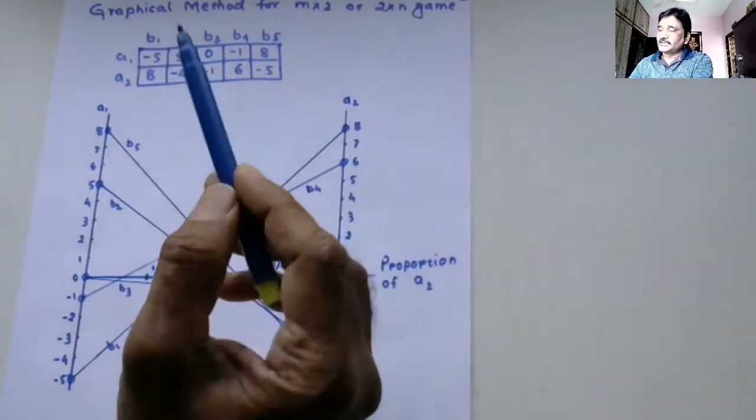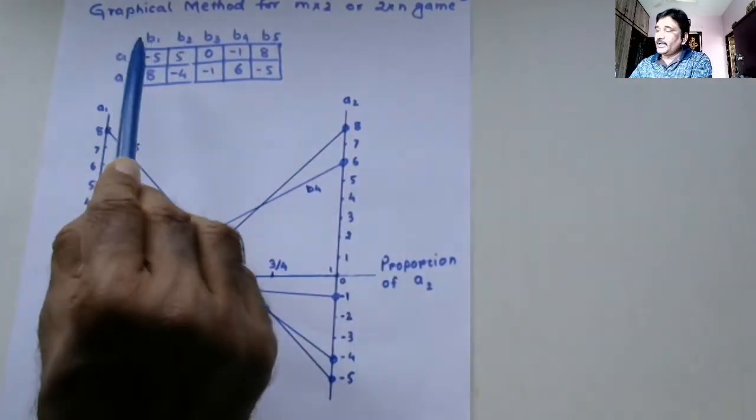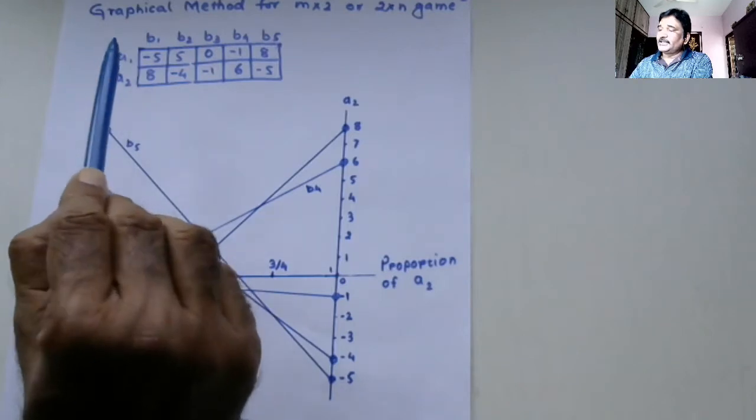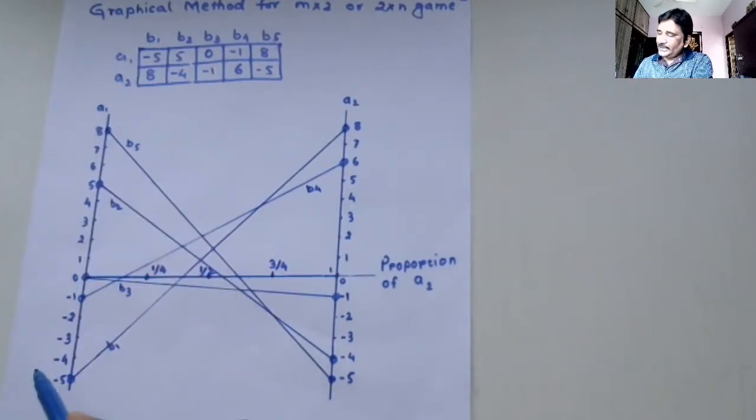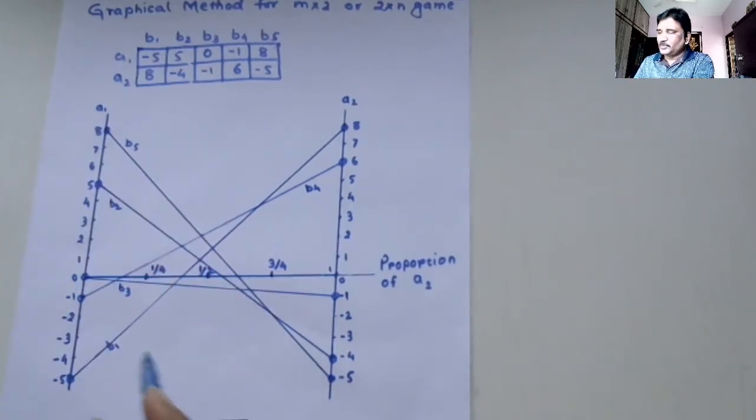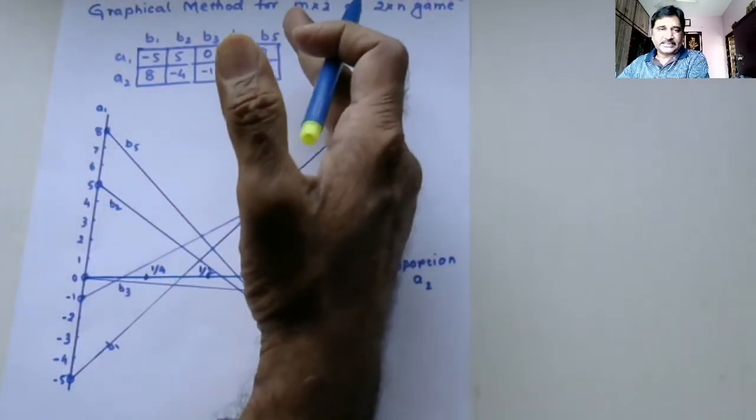So just look at this. If player B plays B1 and player A plays A1, then gain to player A is -5, loss to player B is also -5. So I have marked -5 here. Now if player A plays A2, that means this line.